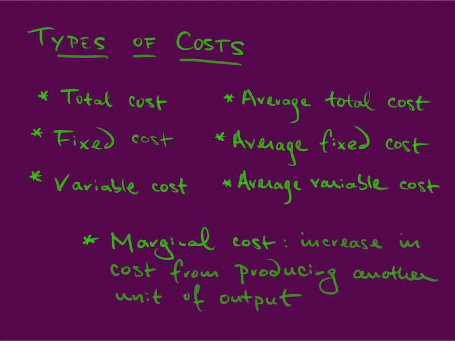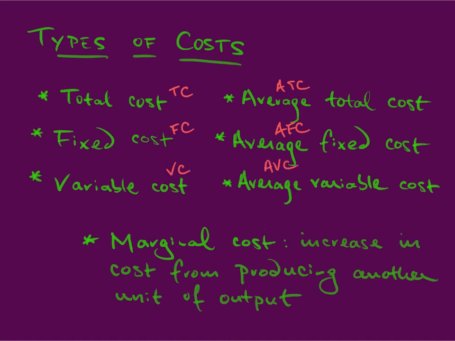These will often be abbreviated. So just recognize that when you see an abbreviation and the last letter is C, it's referring to cost. TC for total cost, FC for fixed cost, VC for variable cost, ATC for average total cost, AFC for average fixed cost, AVC for average variable cost.